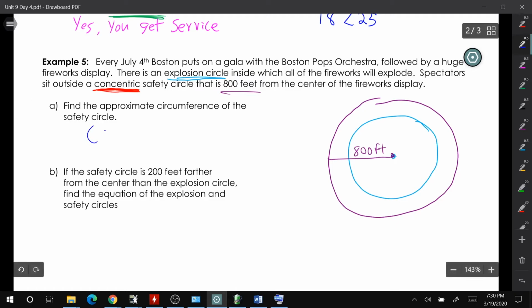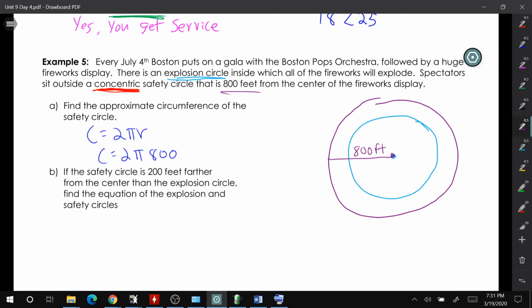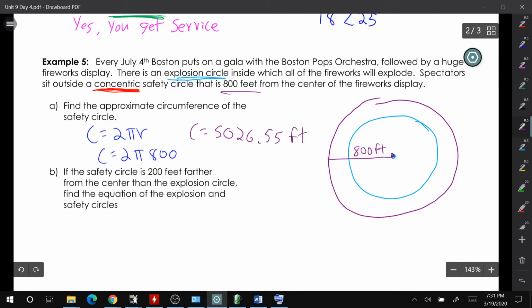Remember, circumference equals 2 pi r. So the circumference will be 2 times pi times 800. We type that into the calculator. It doesn't say to give exact values, so we can round and get that the circumference is 5,026.55 feet.